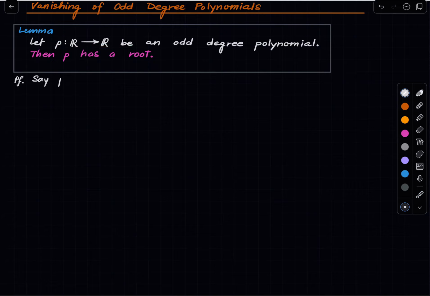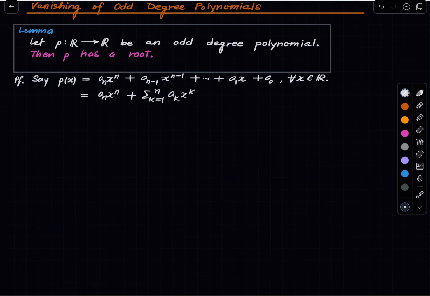Let's say p(x) is this for all reals, but it will be more convenient to write it in the following way. Sorry, this is not 1 to n, this is 0 to n minus 1.